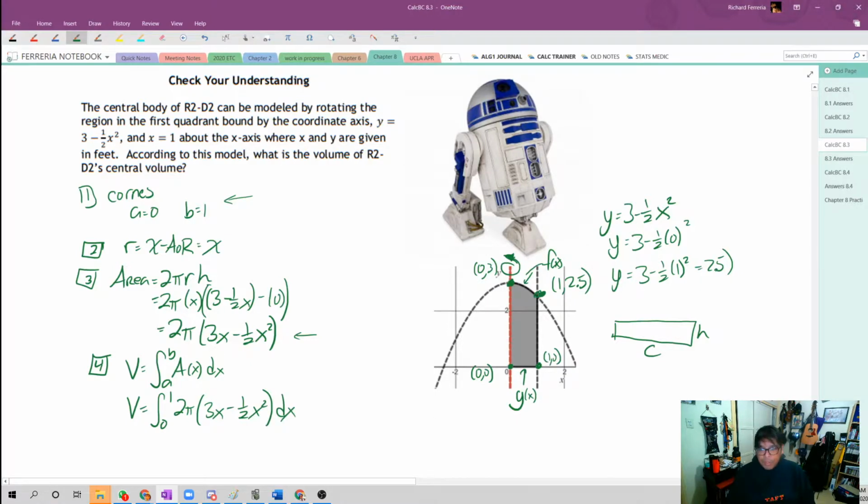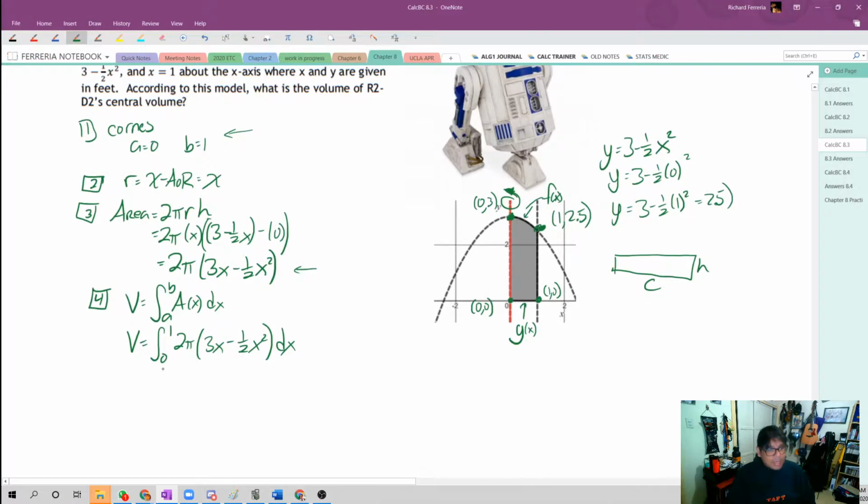Everything looks really good. Okay, 2 pi comes out on the outside. The antiderivative of 3x is 3/2 x squared. The antiderivative of 1/2 x squared is 1/6 x cubed. And we're going to go from 0 to 1. And let's go ahead and compute that.